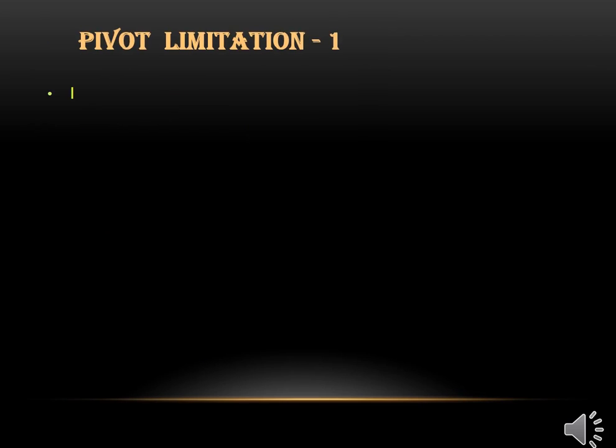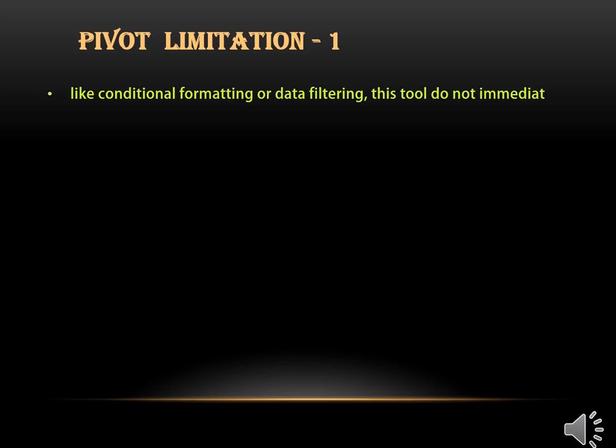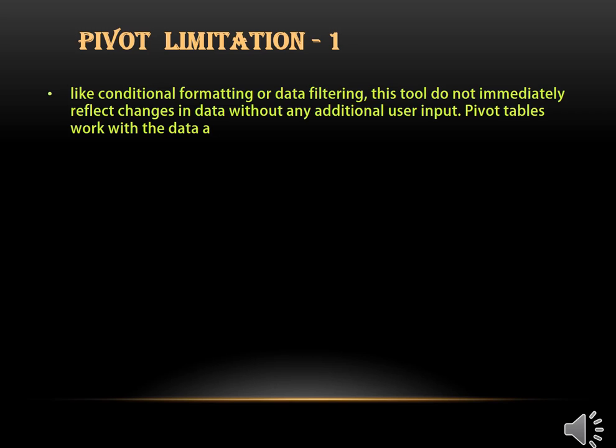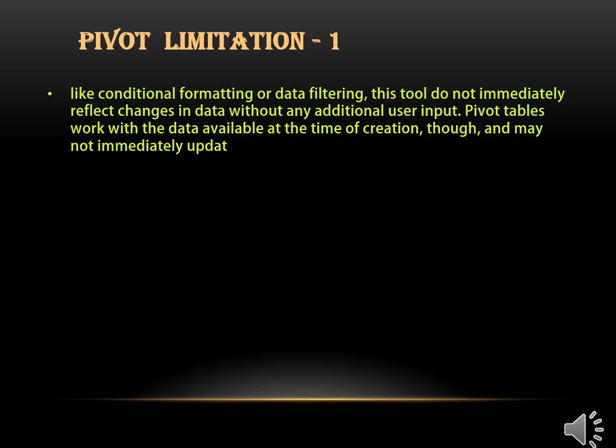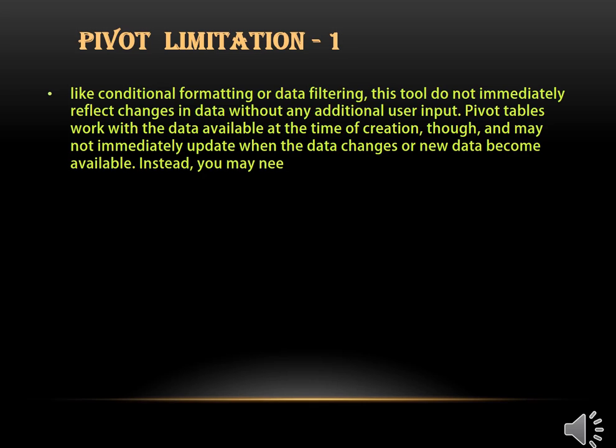Now there are some limitations of the pivot table while you are using it. You must be aware that if any change is made by you on the sheet on which you are applying the pivot table, you must refresh your data. Like conditional formatting or data filtering, this tool does not immediately reflect changes in data without any additional user input.